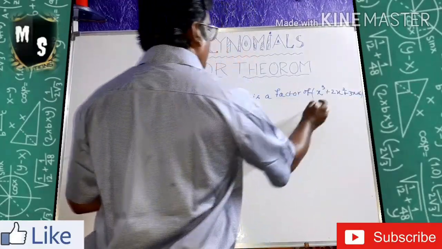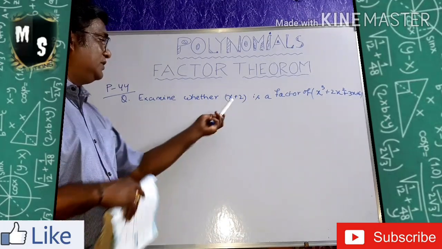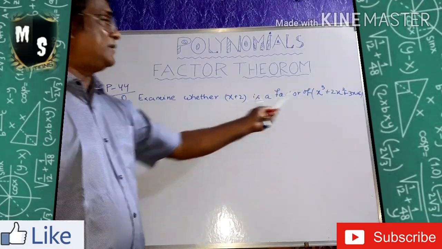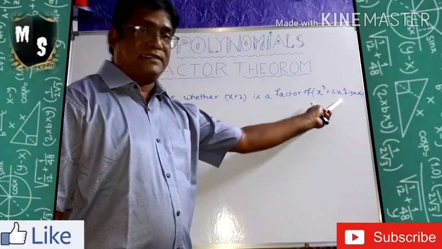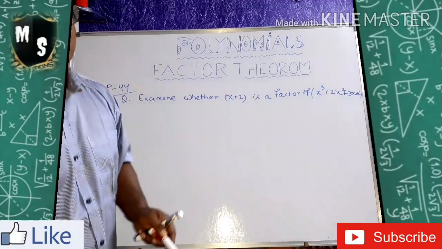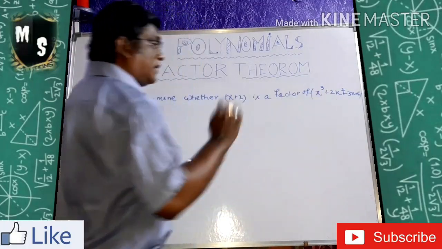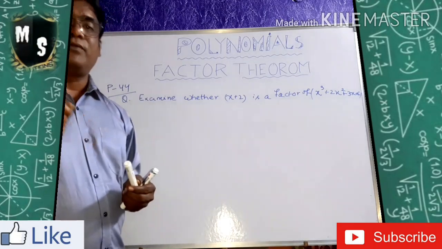He wants to know whether this x plus 2, g(x), is a factor of this polynomial p(x). If this one is a factor of this one, then p(a) will be equal to 0.